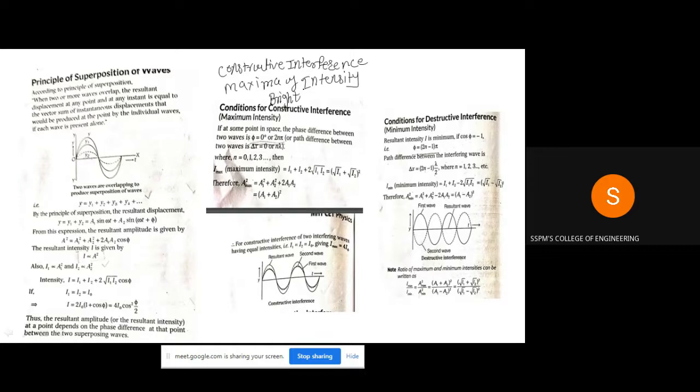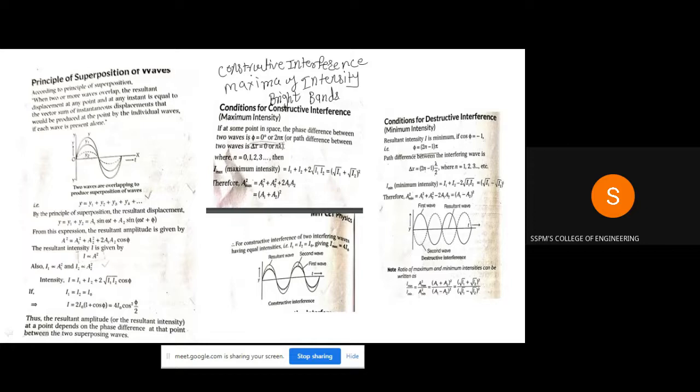In an example they may use any one of these words, but you have to calculate the example based on constructive interference, maximum of intensity, bright bands. The meaning is one and the same.